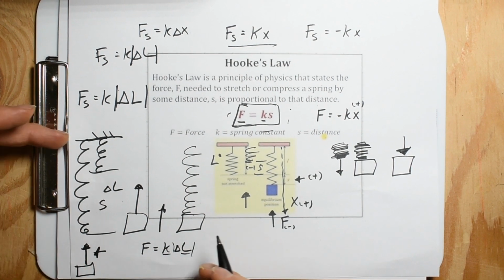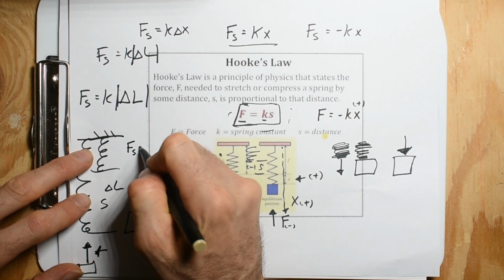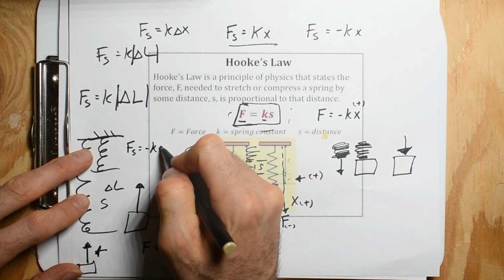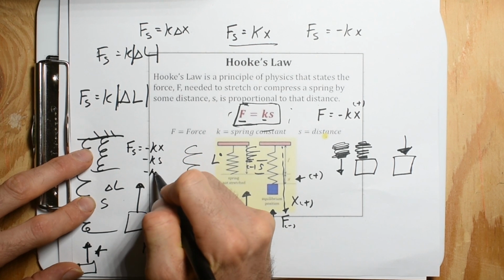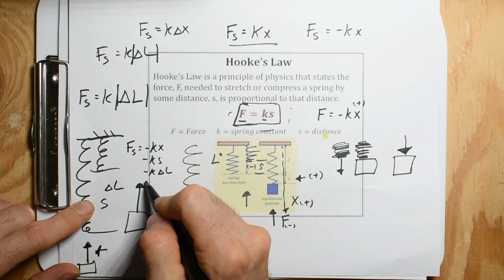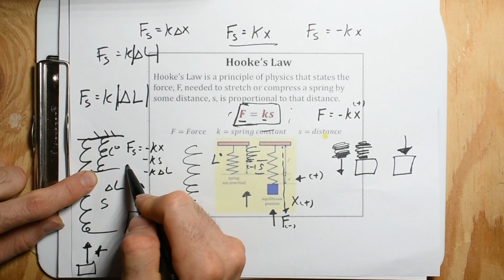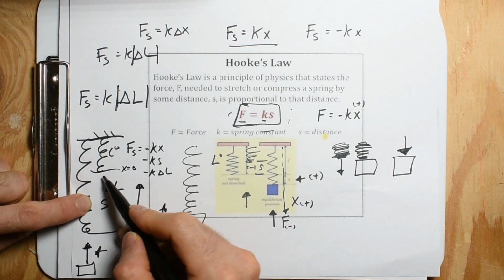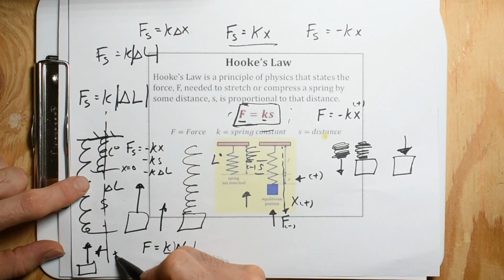But again, if we wanted to do this problem 100%, we've got to go force of the spring is negative kx, negative k times change in length. For the x value, if this is L naught, you're always going to put this as your x equals 0.